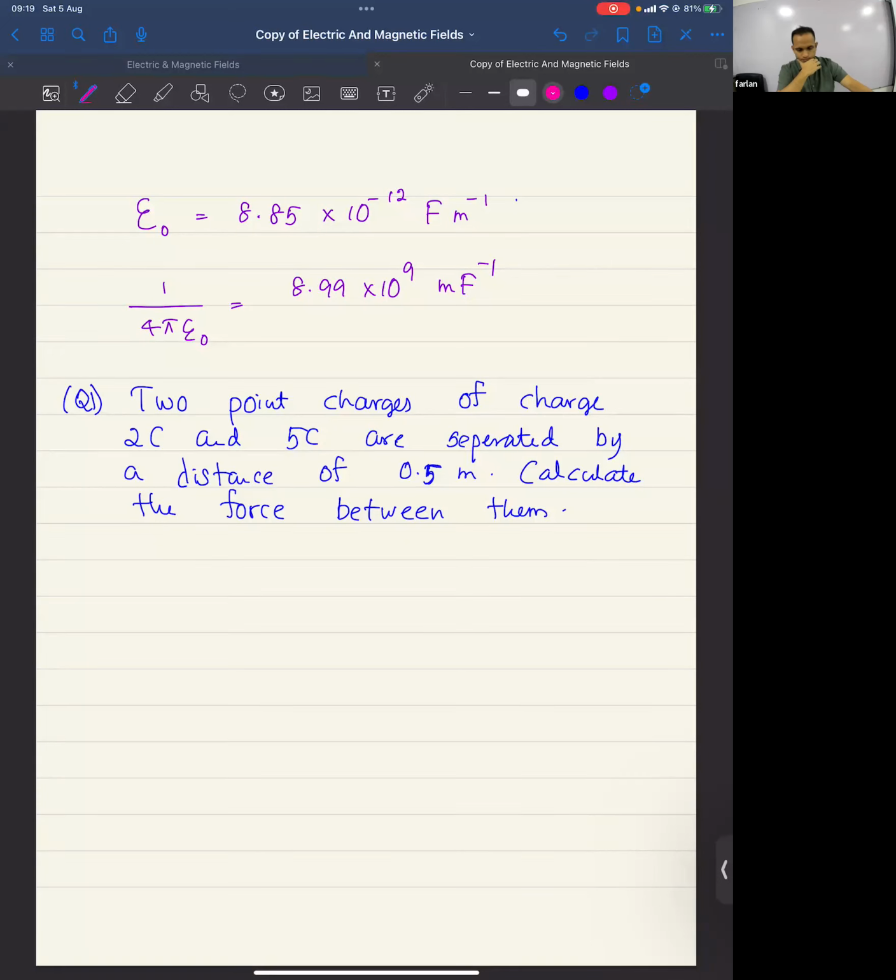Full stop. Calculate the force between them. Give it a try.